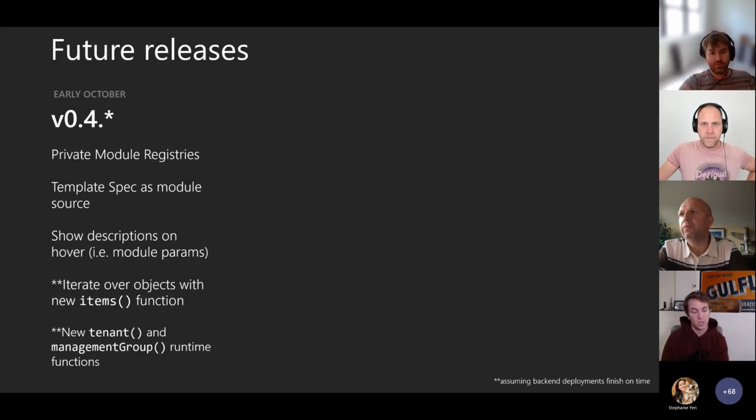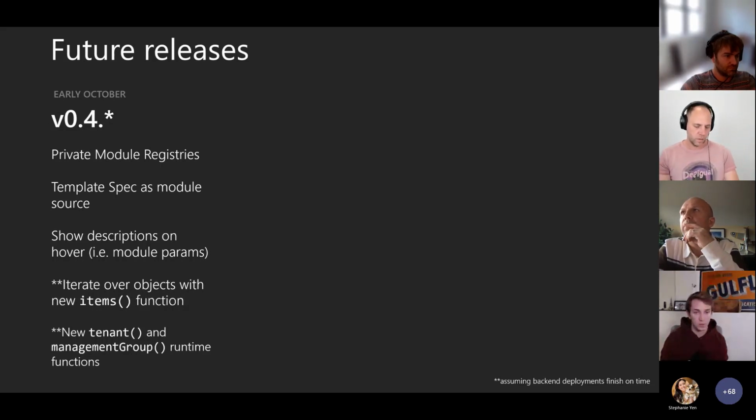So that's pretty cool. We're going to have the ability to set aliases, which I'll talk about in a second, which will make consuming modules from both your private registries and template specs a little bit easier from an authoring standpoint. We are going to have more descriptions on hover in a variety of different places.